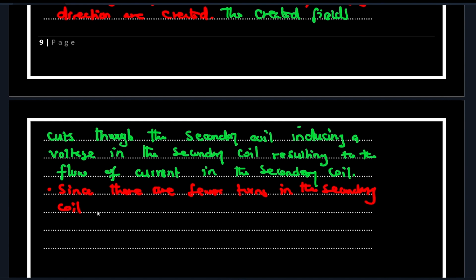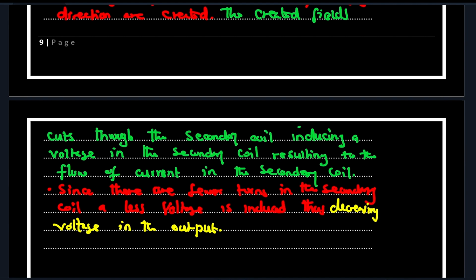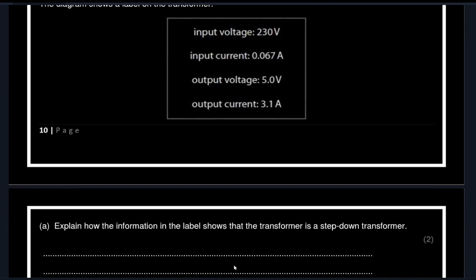Since there are fewer turns in the secondary coil, less voltage is going to be induced in the secondary coil, thus reducing the voltage. Since we now have a voltage in the secondary coil, electrons in the conductor are going to have energy and they will start moving. In that way, current is going to flow.